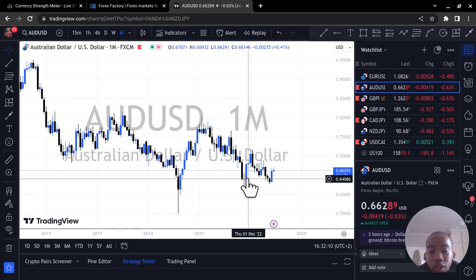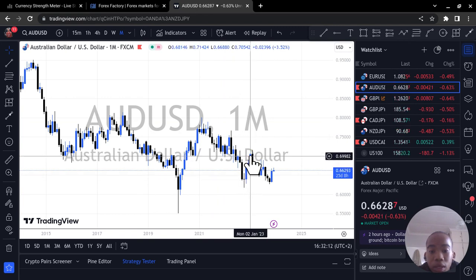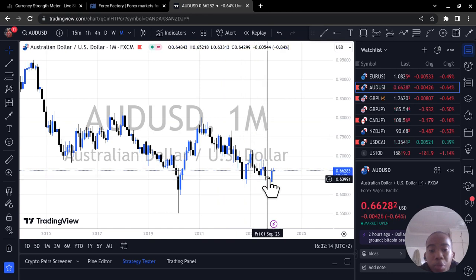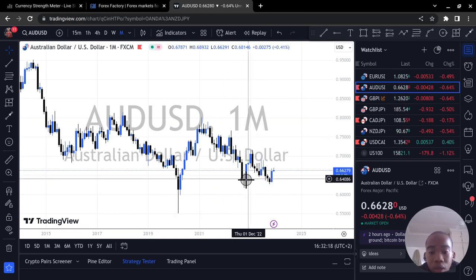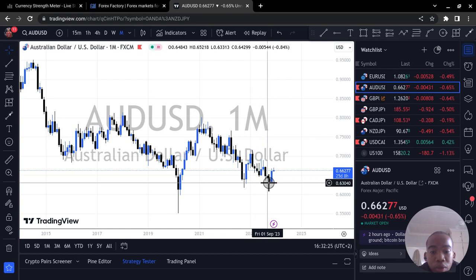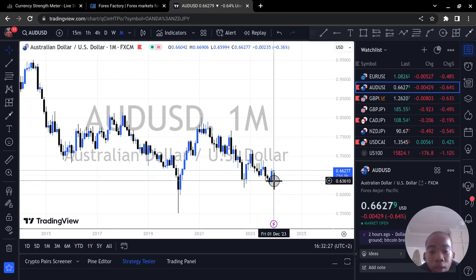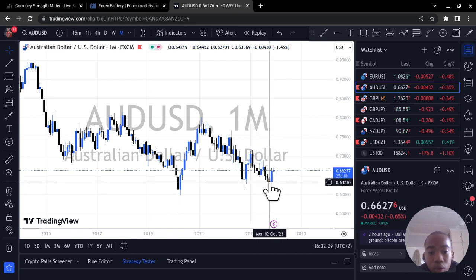That rejection is followed by an indication, and that is followed by a correction, which rejects off of this here, showing us some support, and that is validated by this bullish engulfing candle from the previous month.